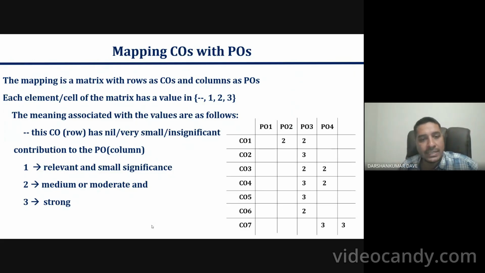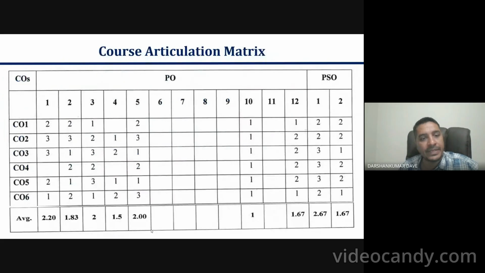Once all the course outcomes are given the numbers, you should take the average for each program outcome. So for the first program outcome, I have 2 plus 3 plus 3 plus 2 plus 1. If you divide by 5, what will happen? The average is 2.20.